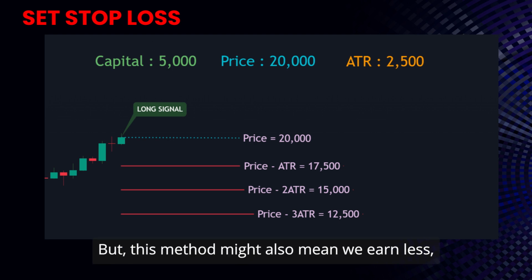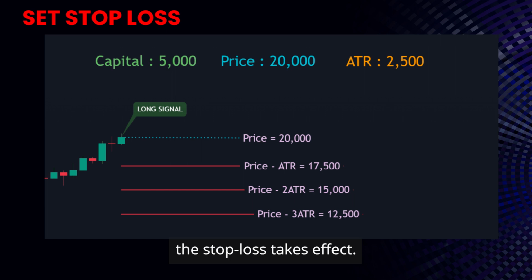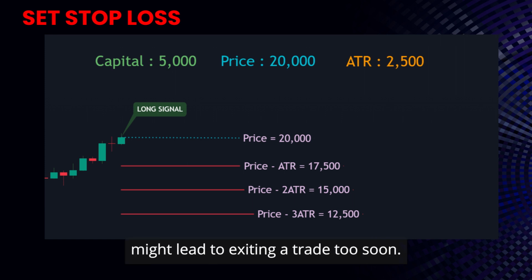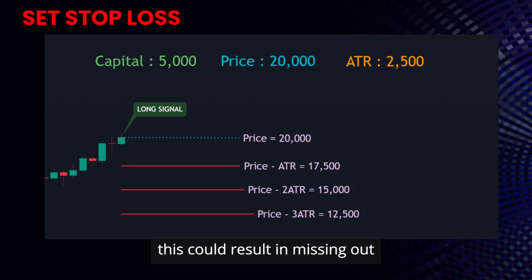But this method might also mean we earn less, as it lets the price move more before the stop loss takes effect. However, using a very small multiplier might lead to exiting a trade too soon. If the price briefly hits the stop loss and then increases, this could result in missing out on profitable opportunities.